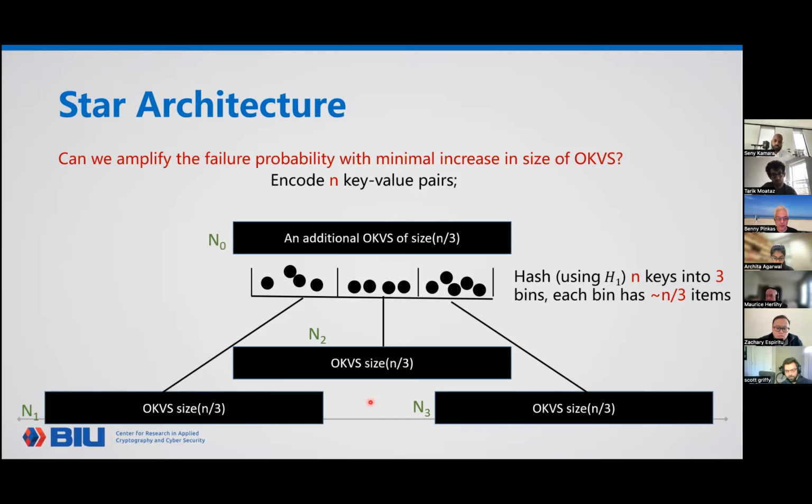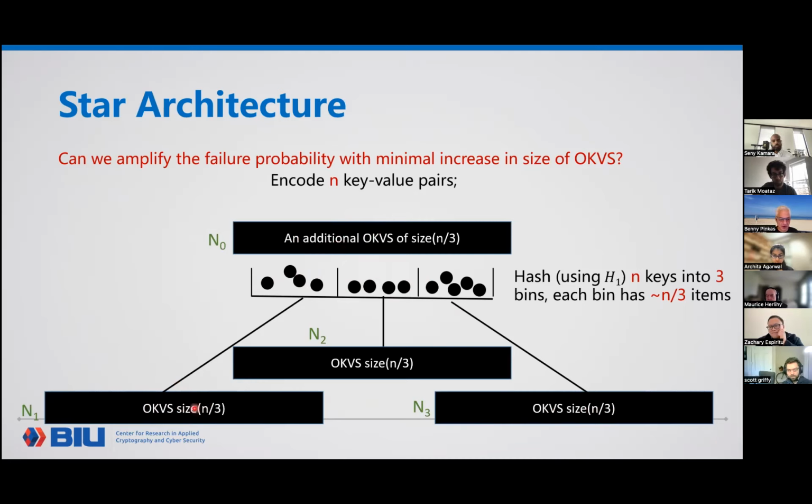For each of them, we're going to define this OKVS, this key-value store, where you put a key and you get a value. Now, for an item which was mapped to this bin, the way we retrieve the final value is we retrieve a value from this key-value store and from this top key-value store, which I haven't said what I'm going to put there.